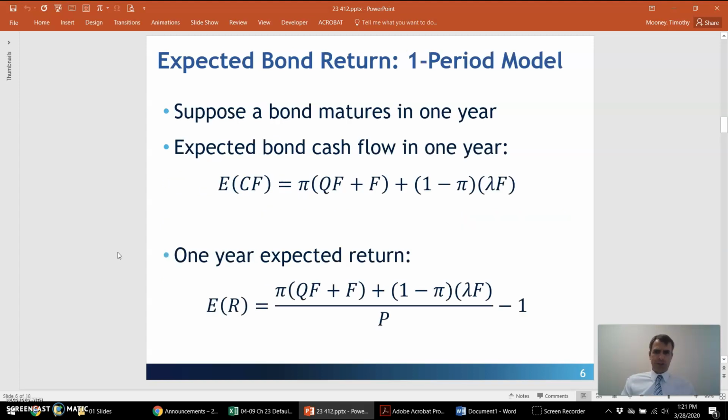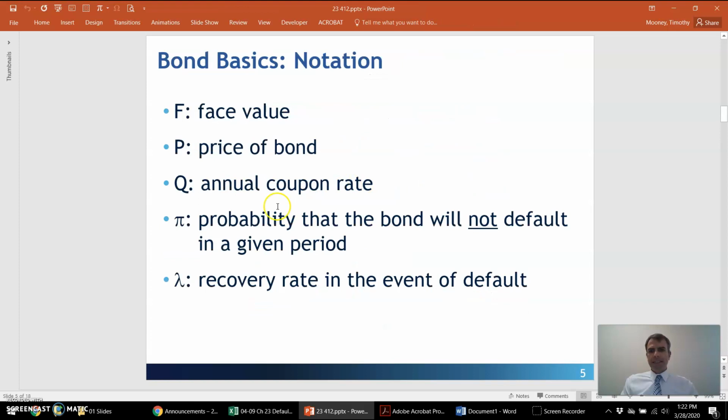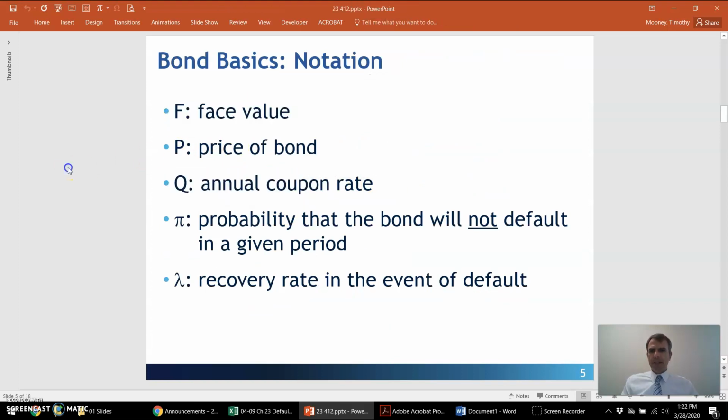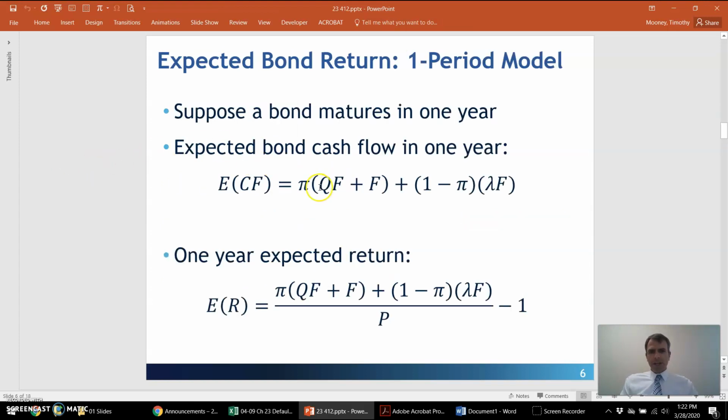So let's see how it looks. We'll go back and take a look at just a 1-year bond. So when the bond matures, there'll just be a coupon payment and the face amount, right? And if the bond doesn't default, that's the cash flow a bondholder would receive after 1 year. So the coupon rate is Q, the annual coupon rate. The face amount is F. So the coupon payment is Q times F. This is the amount of a coupon payment. This is the face amount.